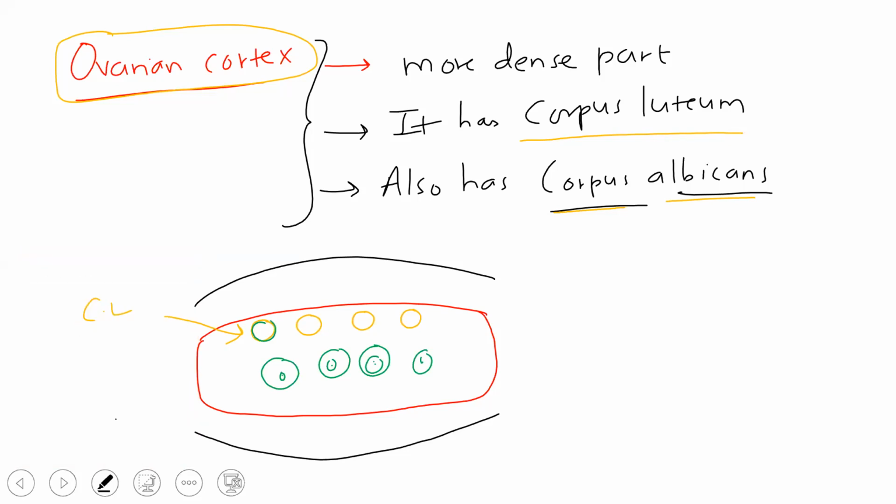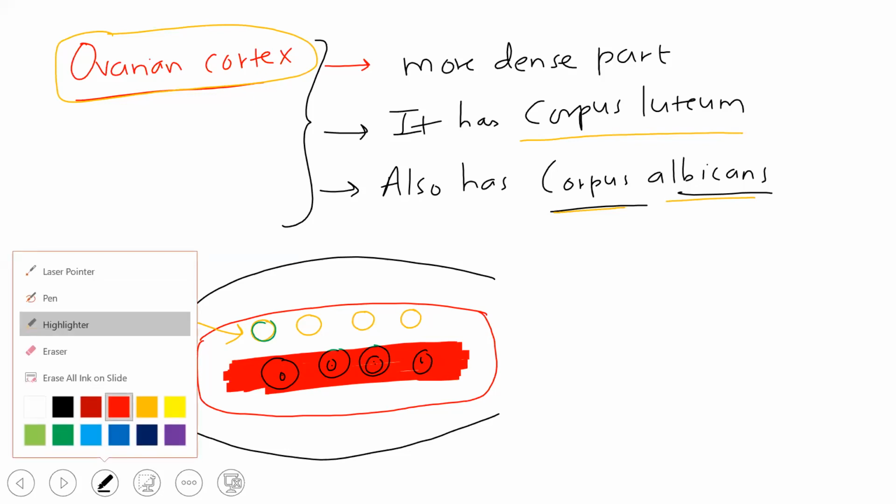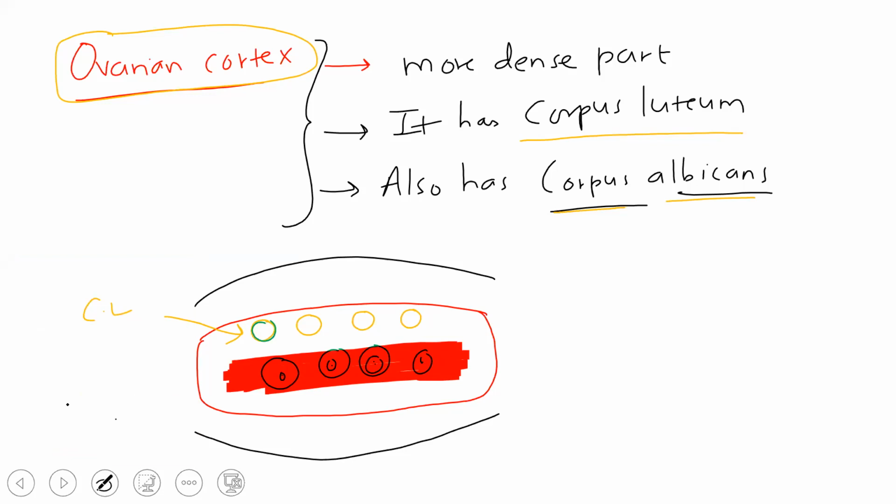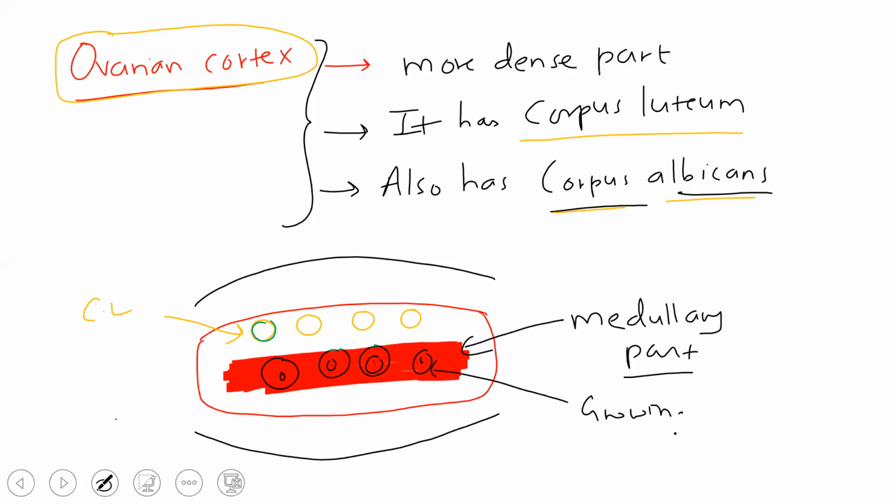This is corpus luteum. So this part entirely is what we call the medullary part. As you can see, it contains these structures. This medullary part has growing follicles.